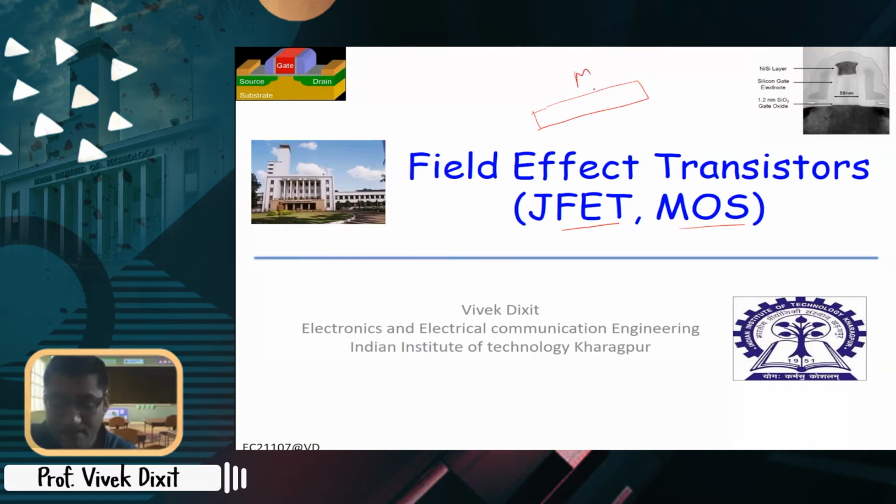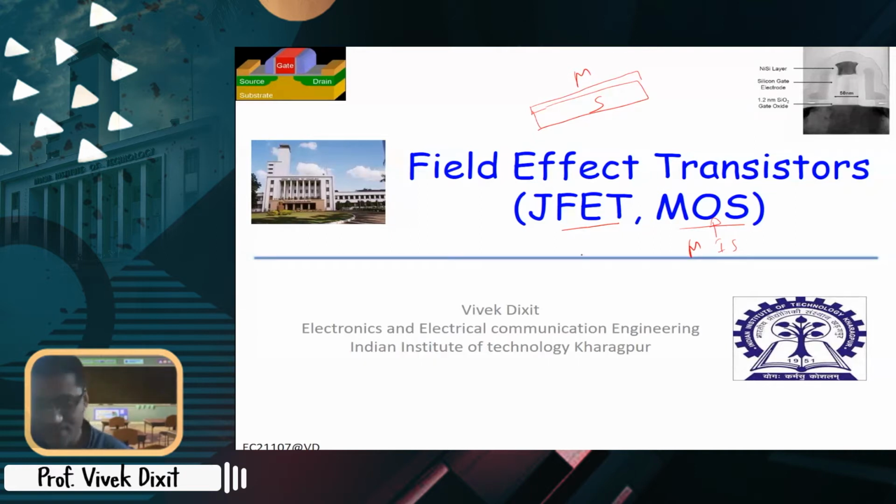Unlike the metal semiconductor contact, here we have a small thin oxide layer, so the metal is not directly connected to the semiconductor, but via an insulating layer, silicon oxide. It can also be called metal insulator semiconductor, and then you can have a field effect transistor. It can be any other insulator also.